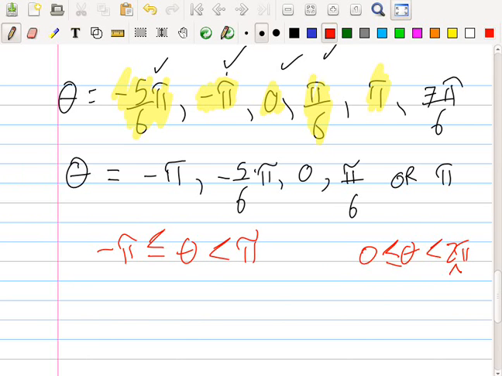We don't include this end. But look at his question. You see he has the equal sign here. That's why you get one extra answer. Really, you're not supposed to be using this answer. So this is the extra answer. This is the reason we got 5 instead of 4 answers.